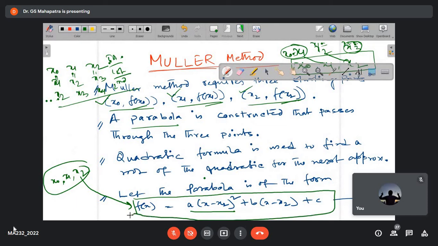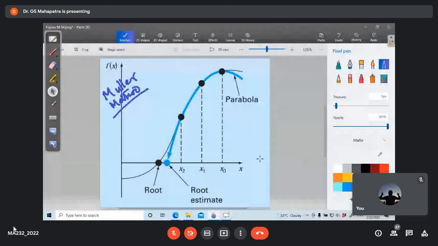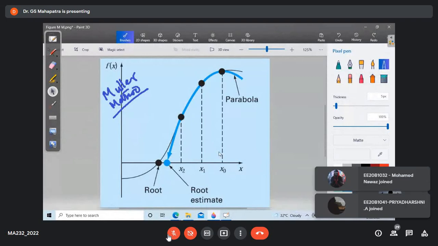Now what is the graphical concept of this 3-point method? The graphical concept is this one. Is it visible? Earlier, for one point, we studied the bisection method and Newton-Raphson for single point approximation, and then regula falsi for 2 points.